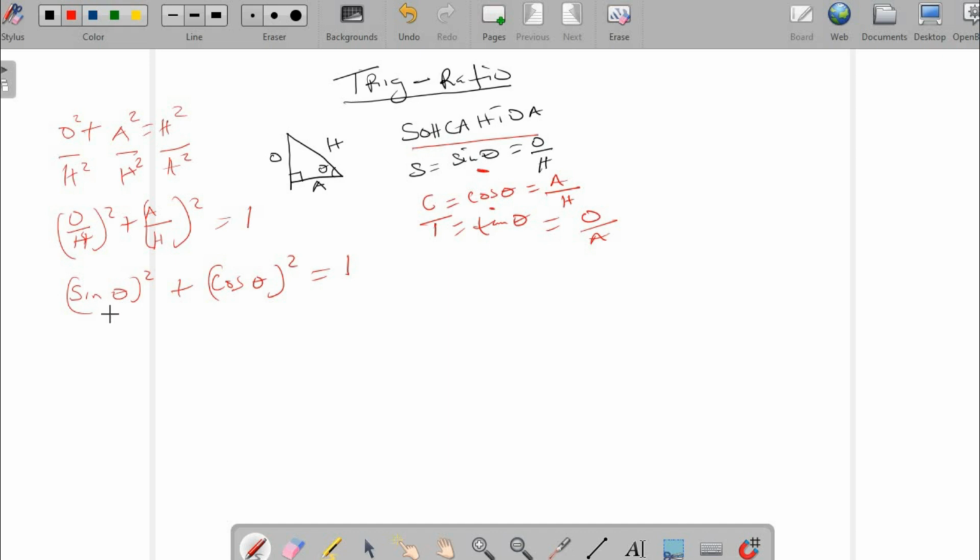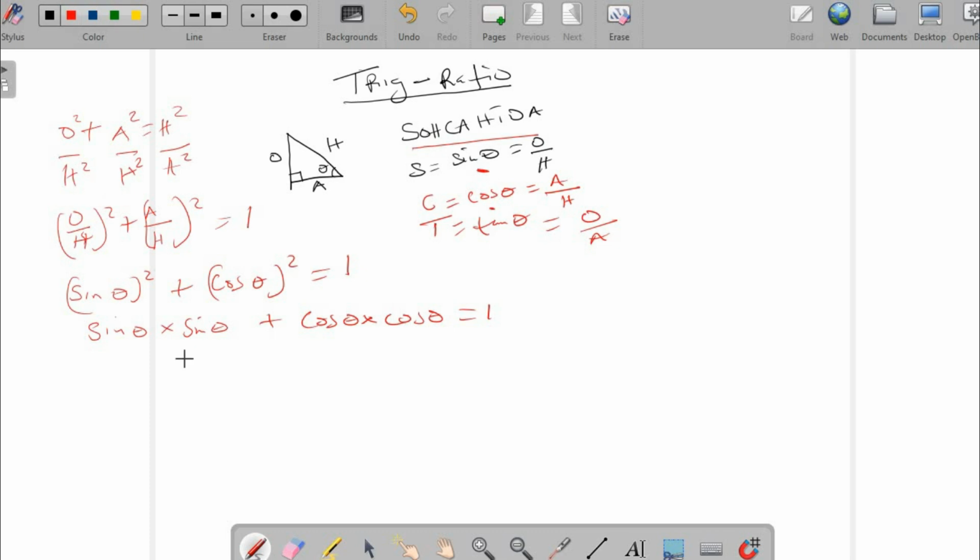When you square, sine squared means sine theta times sine theta, plus cos theta times cos theta is equal to 1. That is what you are going to have here.